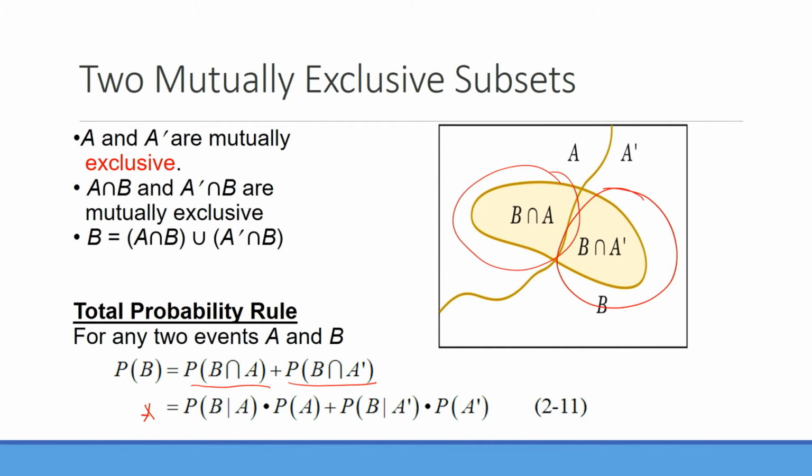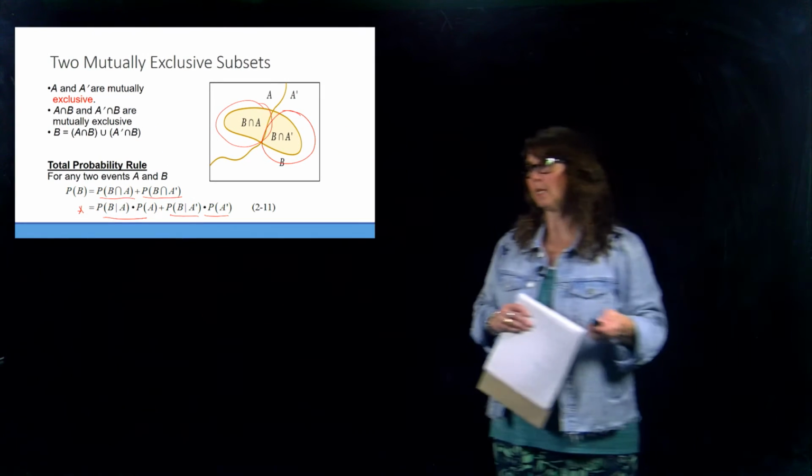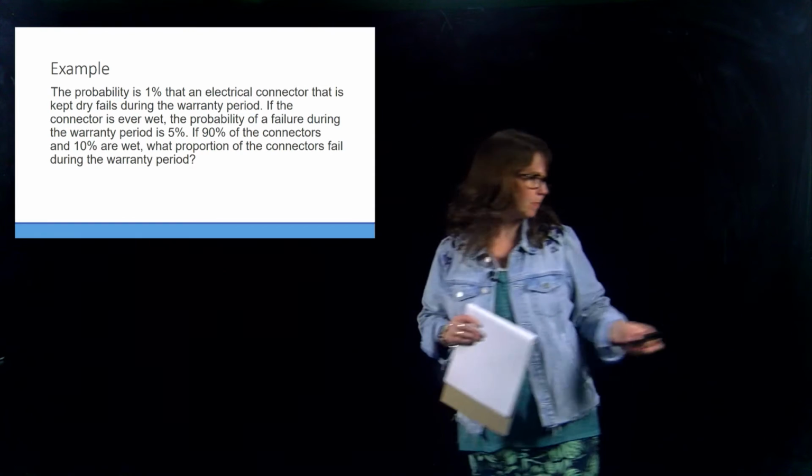So our B intersection A is equal to, if you remember from the last slide, the probability of B given A times the probability of A. That's the first piece, plus the probability of B given A complement times the probability of A complement, and that's the second piece.